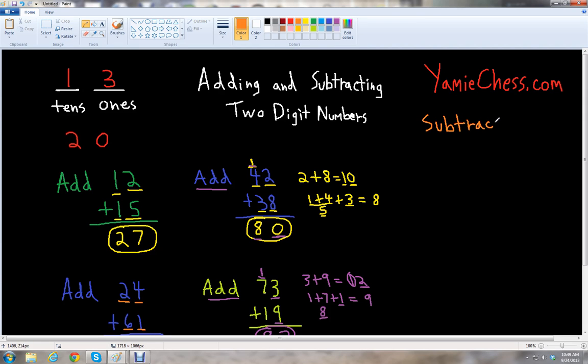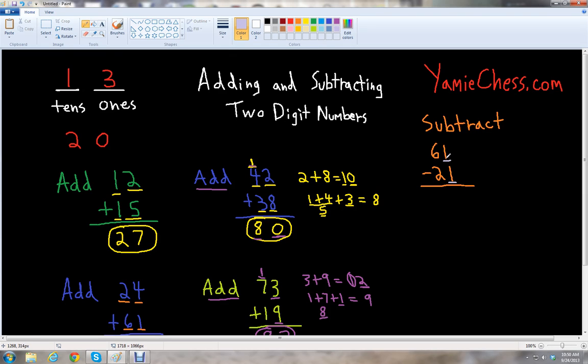Let's say we want to subtract 61 minus 21. So likewise with adding two-digit numbers, you're going to start with the ones digits and subtract them.